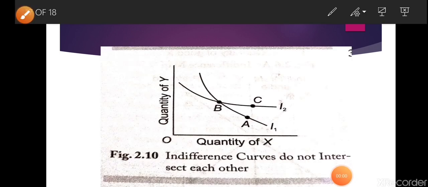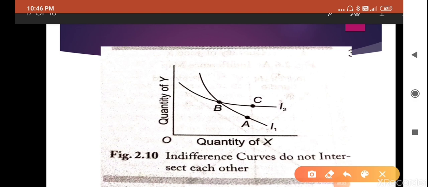So students, let us see how indifference curves cannot intersect each other. This thing you will understand very easily. If two indifference curves intersect each other, this would imply that the combination of two goods corresponding to the point of intersection would have two different levels of satisfaction, which is out of the assumptions of indifference curves.